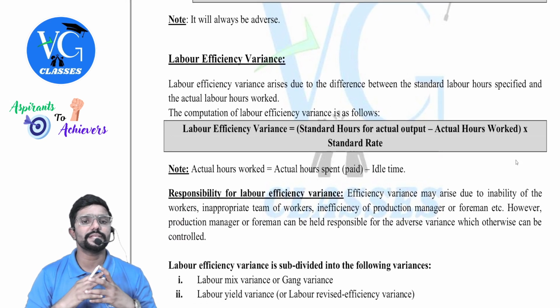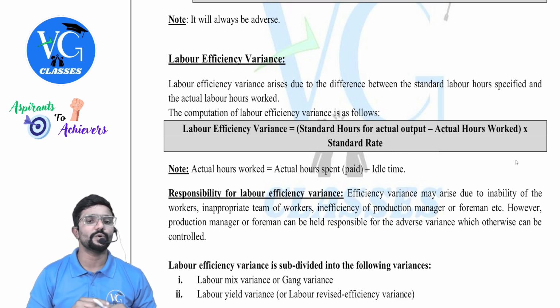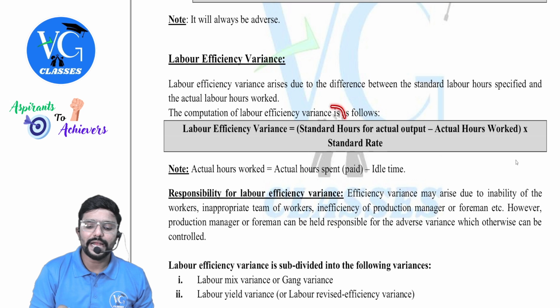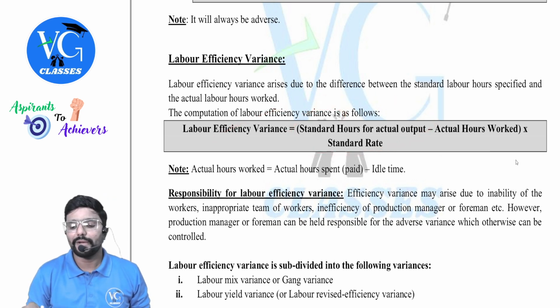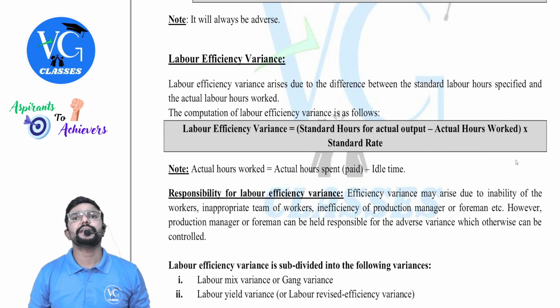Then labor efficiency variance. Labor efficiency variance arises due to the difference between the standard labor hours specified and actual labor hours worked. The computation is as follows. Efficiency is computed in terms of hours. So, standard hours for actual output minus actual hours worked, into standard rate.